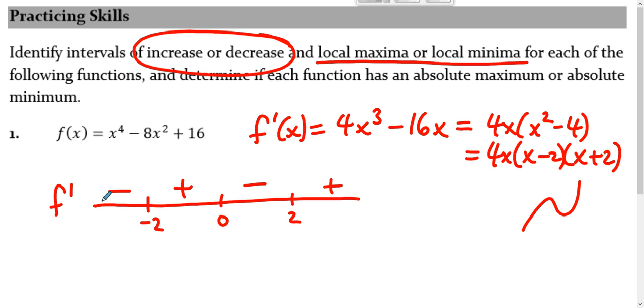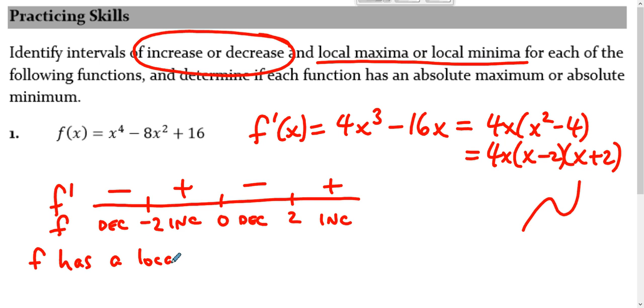So here's the important thing for the first derivative test. If f prime goes negative, positive, negative, positive, then f goes decreasing, increasing, decreasing, increasing. And that means that f has a local max at x equals 0.